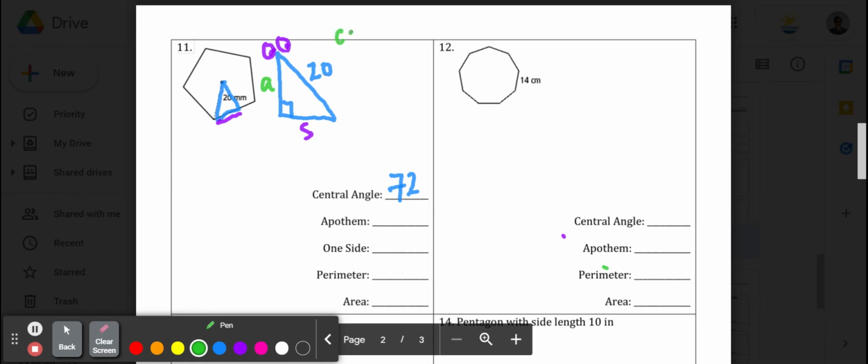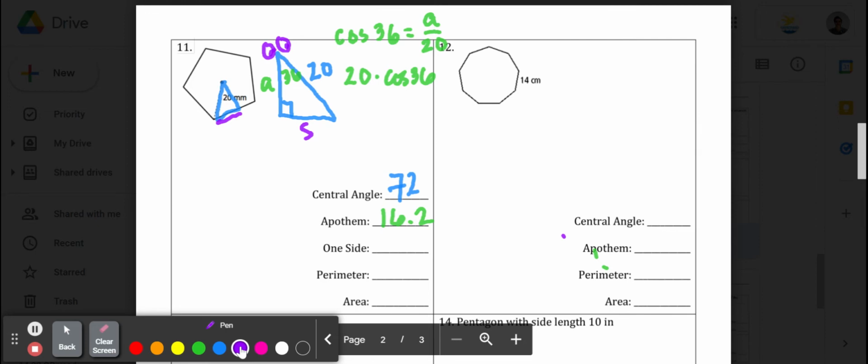That's going to be the cosine of 36, because this number right here was half of 72. And that equals adjacent over hypotenuse, which is 20. So we should get 20 times the cosine of 36, which gives us 16.2. So our apothem is 16.2.